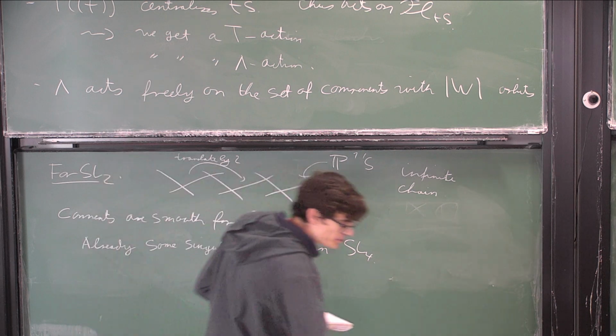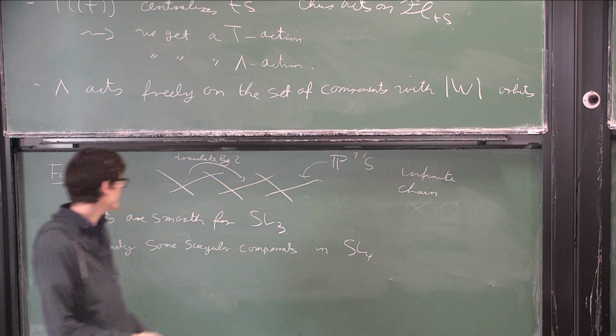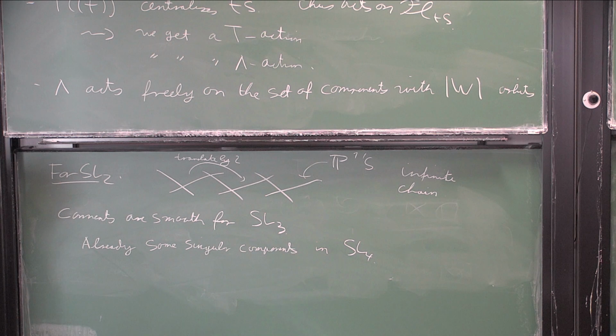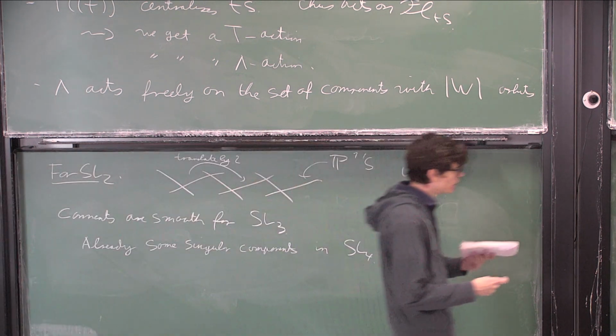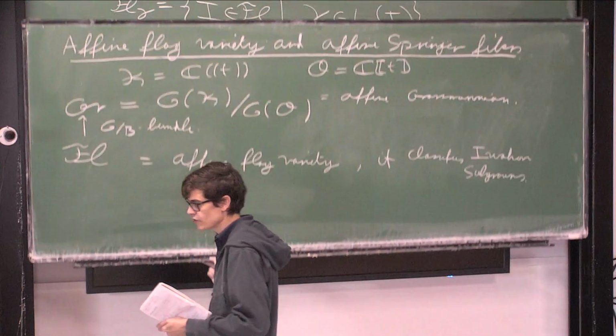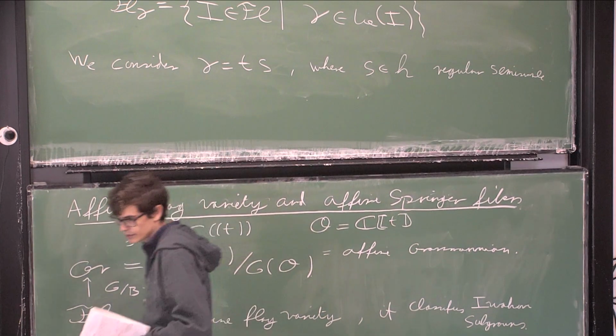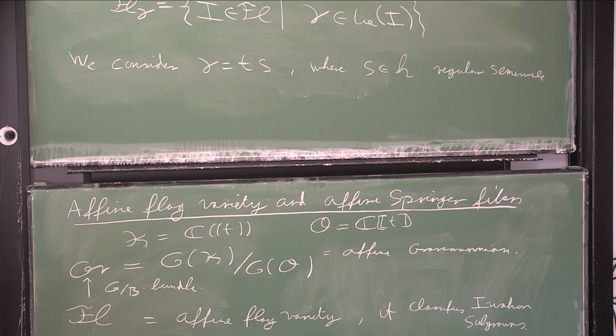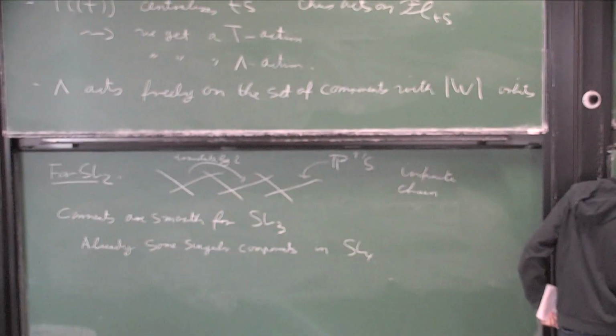So what the result will be is some comparison between the cohomology of these spaces and the center of the small quantum group. So let me try to introduce the cohomology of this space, where we will see all these actions that we talked about before.